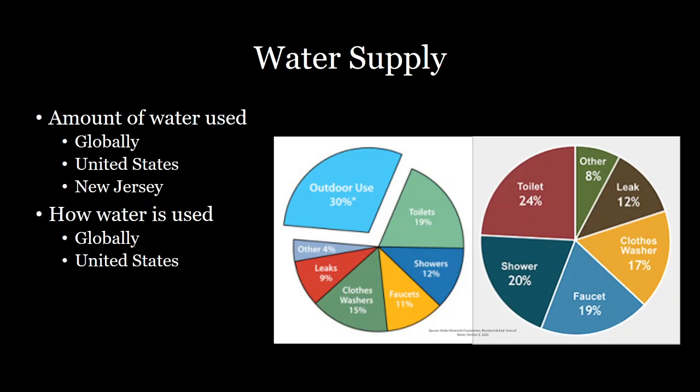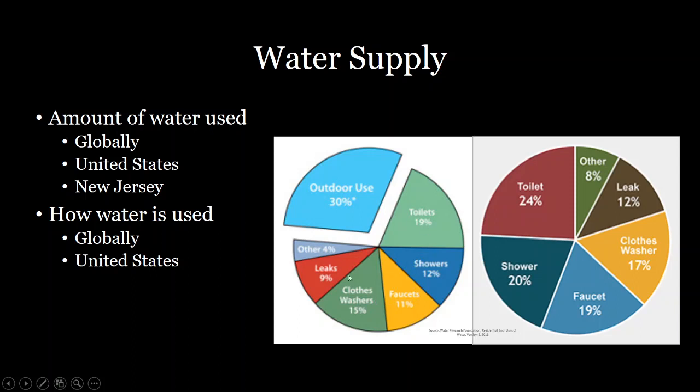So what about the water that goes to your house? How is that generally being used? So municipal water supplies tend to vary depending on where you are, but generally you can see here that 30% of the water that's being delivered to your house is usually going to outdoor use, such as watering our lawns. Turf grass tends to be one of the largest agricultural productions in the U.S. in terms of water use, just because there's so many people dumping water onto their lawns to grow nice grassy front lawns.